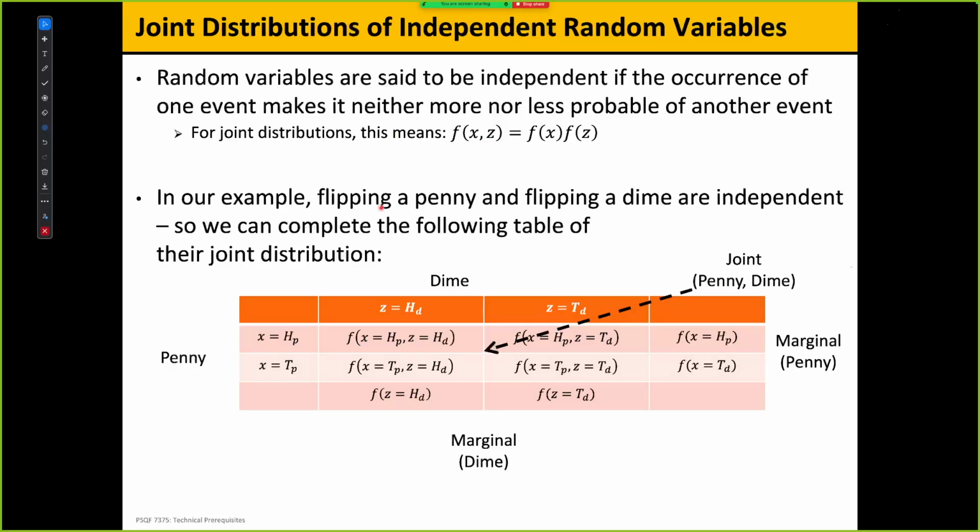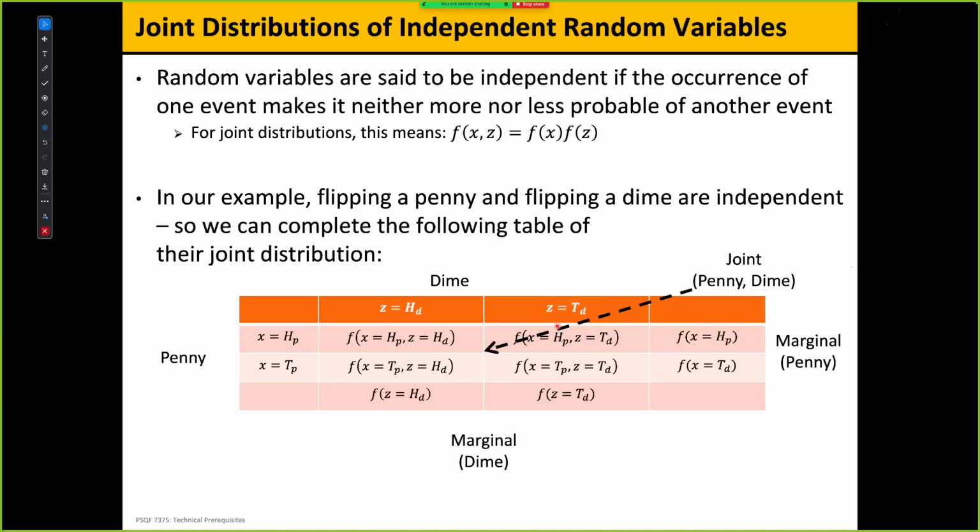And so for our example, flipping the penny and flipping the dime are independent. So we can actually build this contingency table of dime and penny, and the four values in the center of it come from taking the product of the margins, right? When we want the height of the distribution when the penny is heads and the dime is heads, we'd multiply the likelihood of heads for the penny times the likelihood of heads for the dime, and we get this value here in the middle.